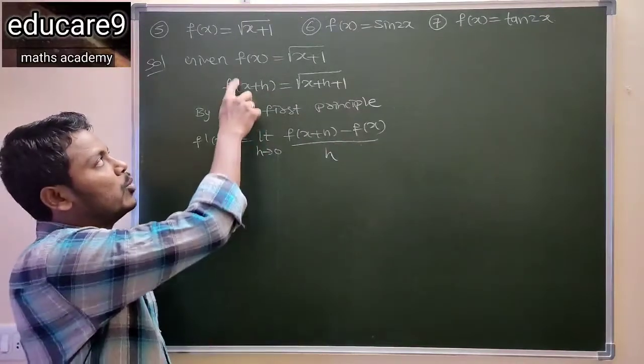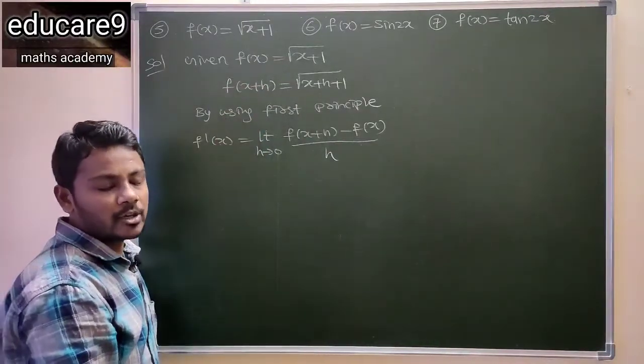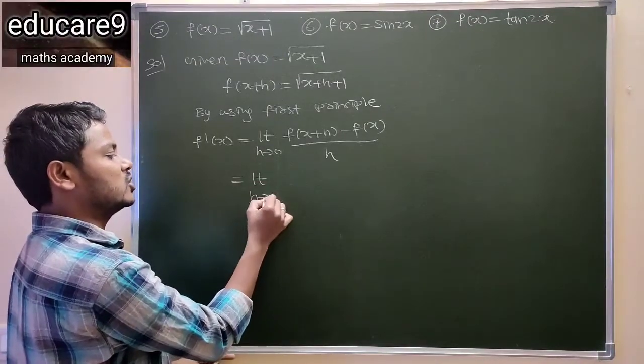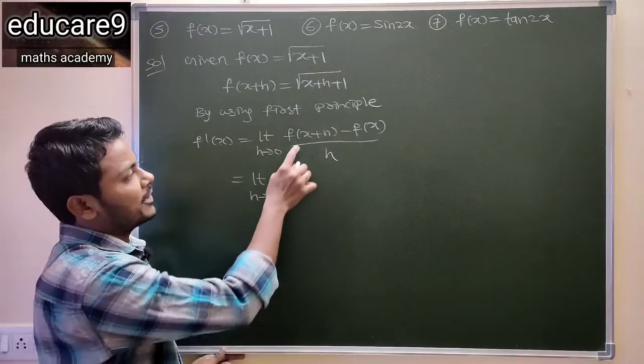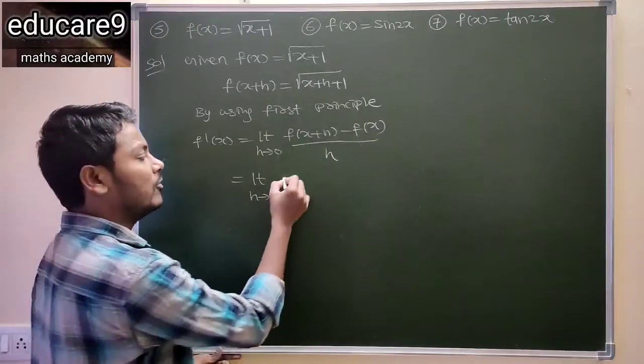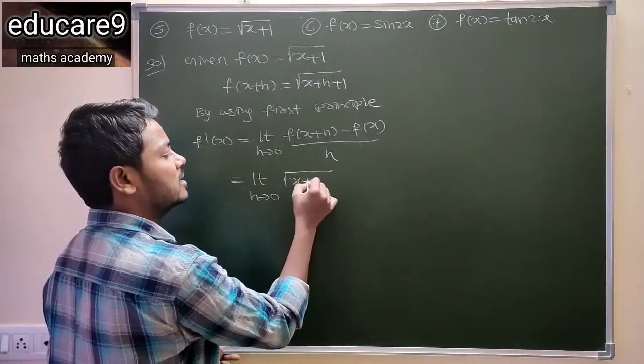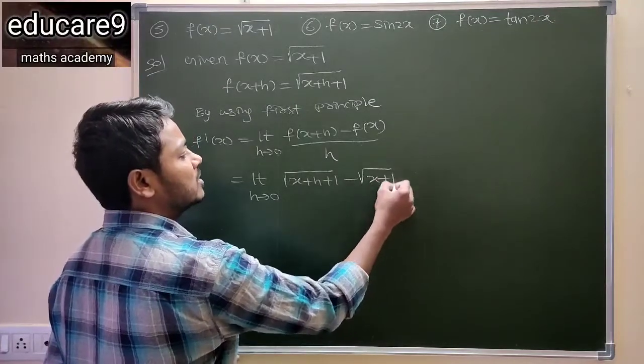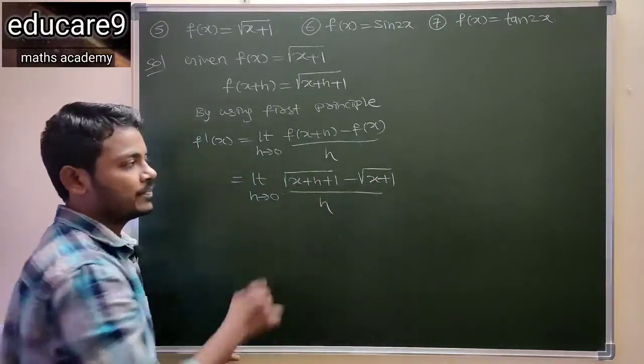Now substitute both values in the first principle. So this is limit h tends to 0. So what is f of x plus h value? Root of x plus h plus 1 minus root x plus 1 divided by h.